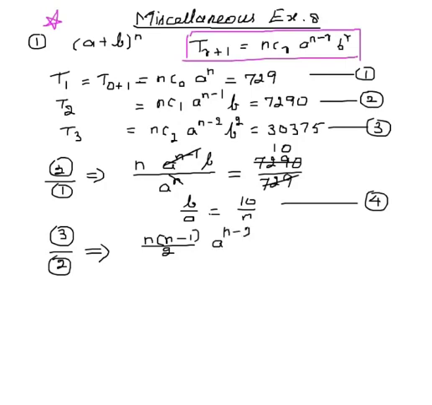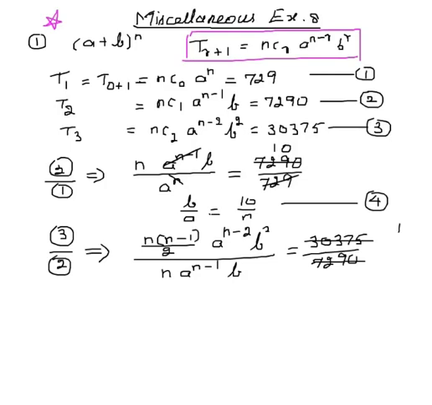And we have a^(n-2) b^2 divided by the left hand side of the second equation, nC1, which is n, a^(n-1) times b, is equal to 30375 divided by 7290.